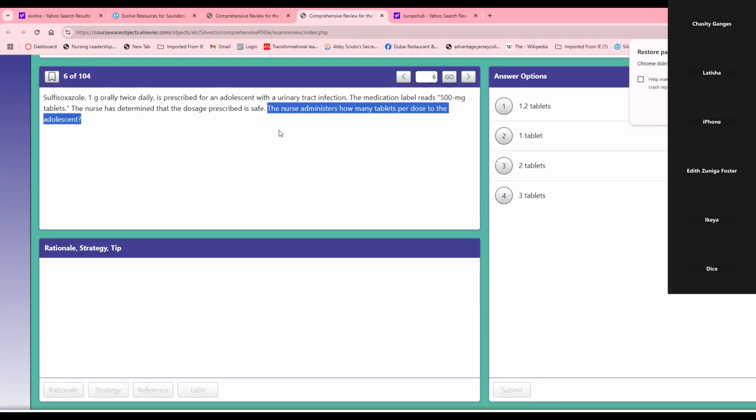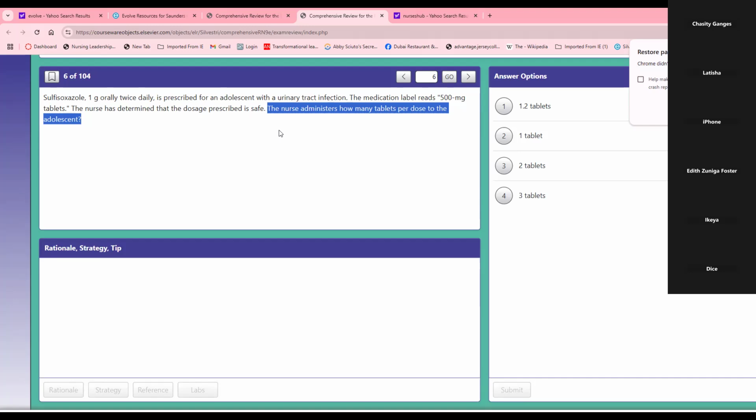Okay, it's asking me about a dose, and what is my formula for a dose? Desired over have. Right? Okay, so what is ordered here? 1 gram orally twice daily. Okay, but we're only calculating one dose, so all we need is that 1 gram, because that's what's ordered.